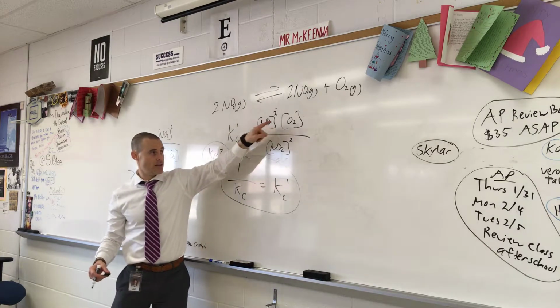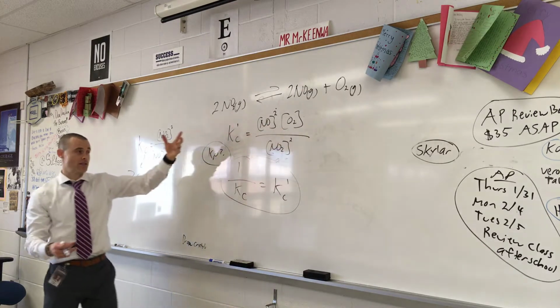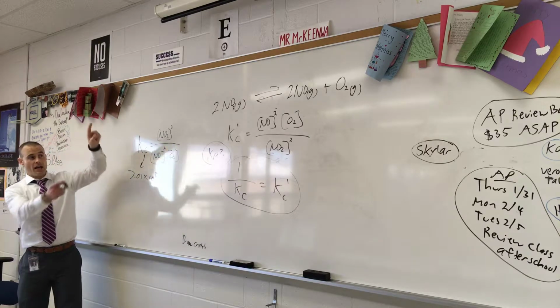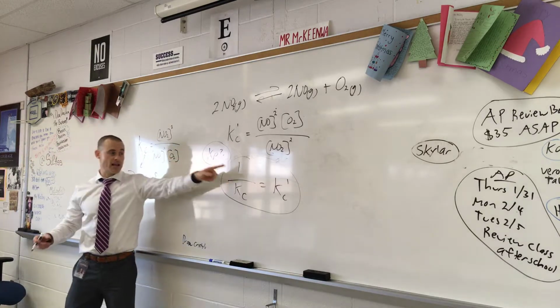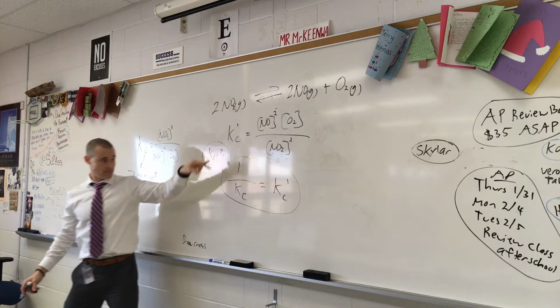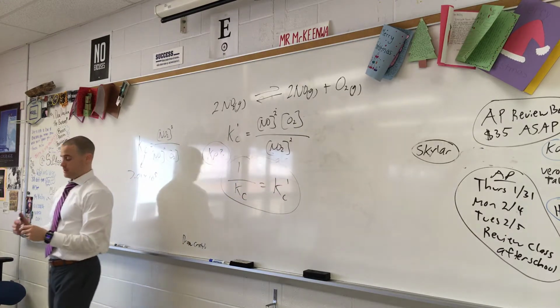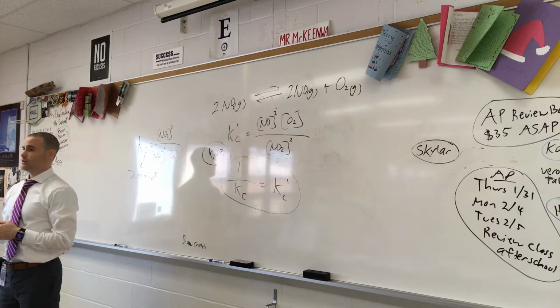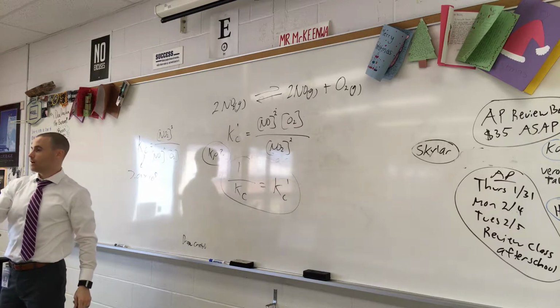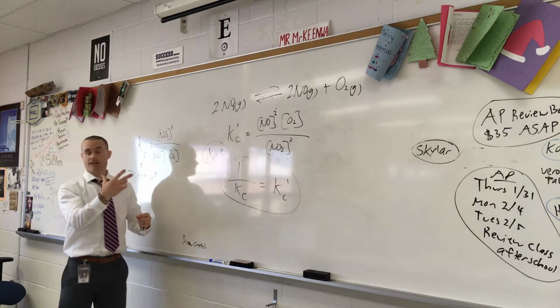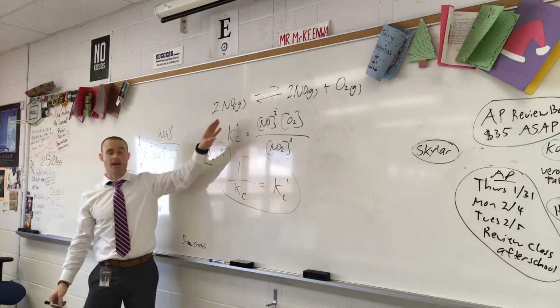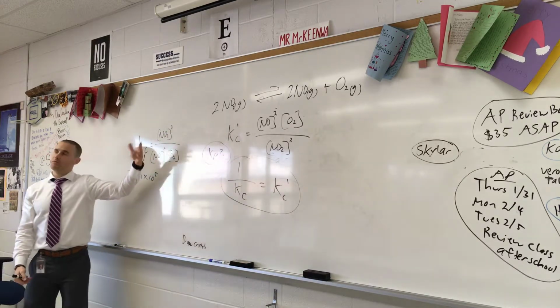So they don't give you the individual concentrations. You're expected to know if I have this one and it's reversed, I can just take the inverse of that number and that gives me Kc, then I can use the other equation to get Kp. Are you following my logic? I'm just trying to help you out for a test question. Yes, I want you to understand the concept. Products over reactants, that's how you get K, but it's going to be more complicated.